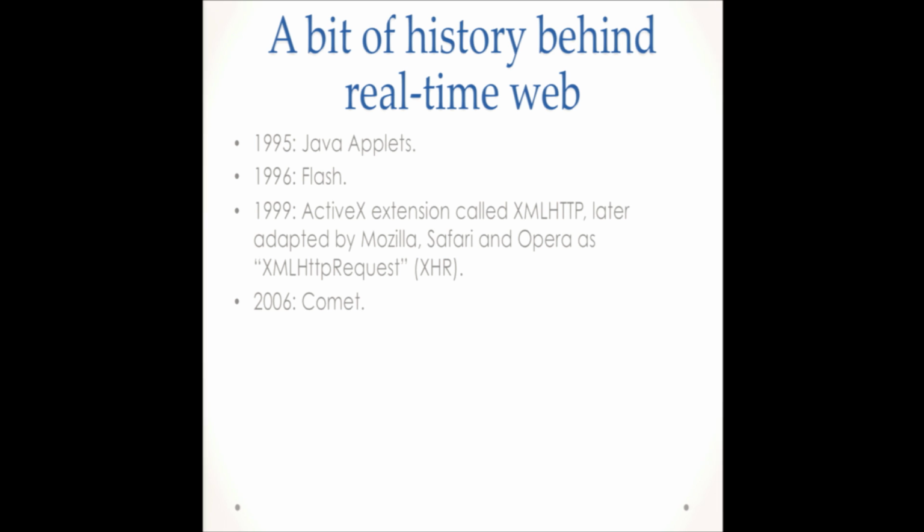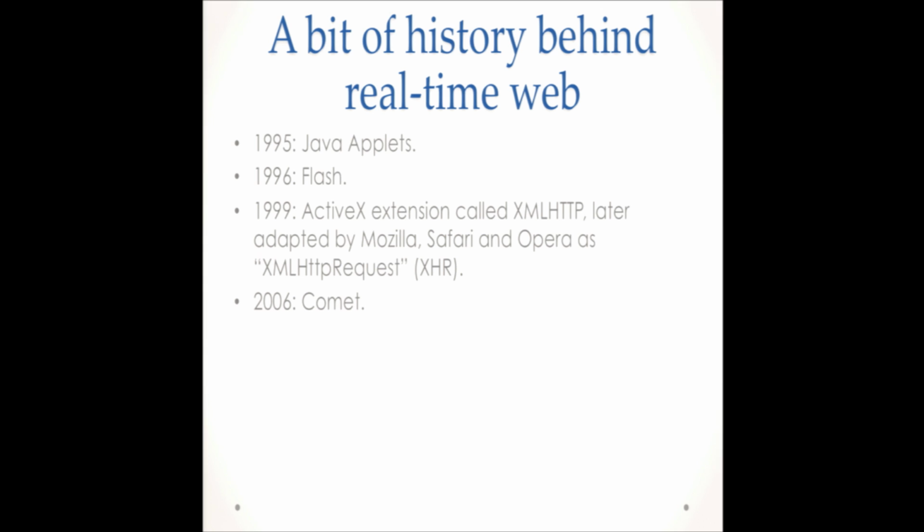And then we had Comet. Comet is not just a particular approach to solve this problem, but a group of strategies on how to solve the problem of getting real-time notifications without reloading the page.